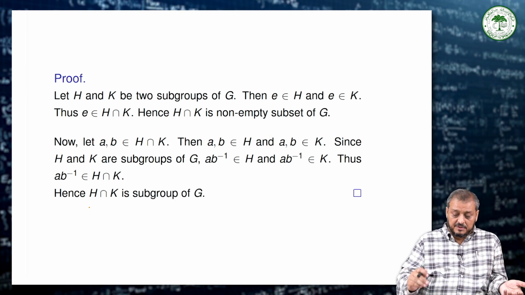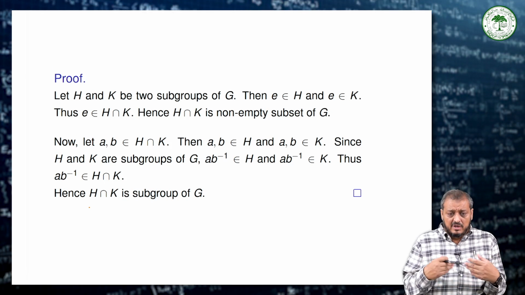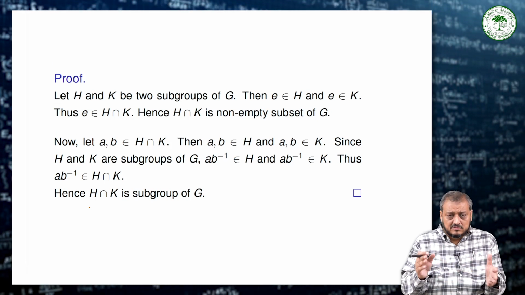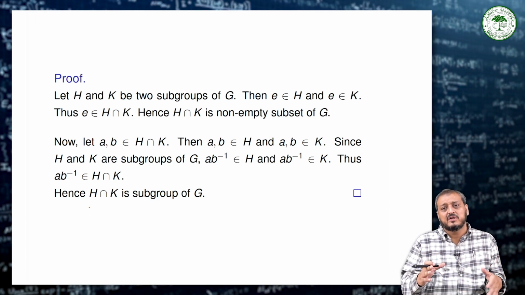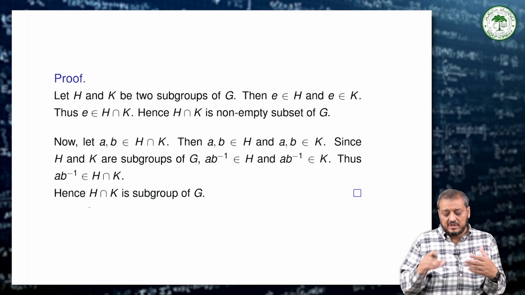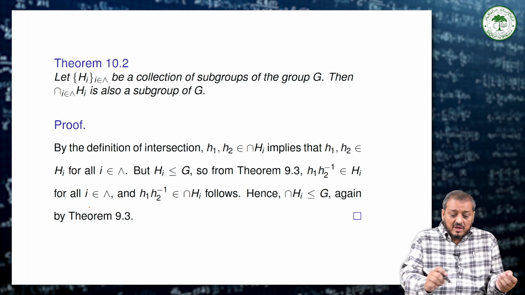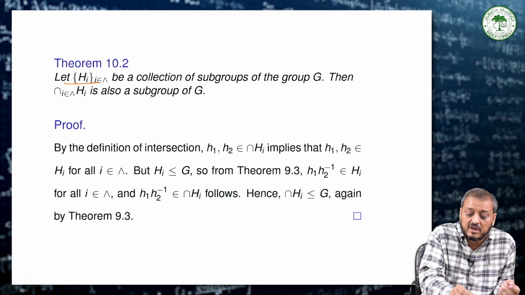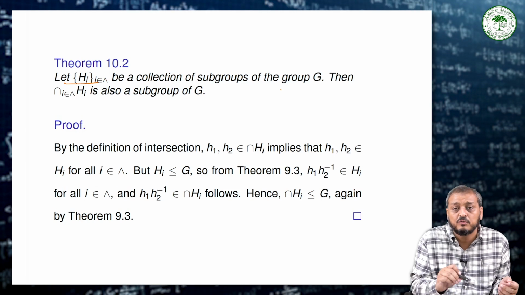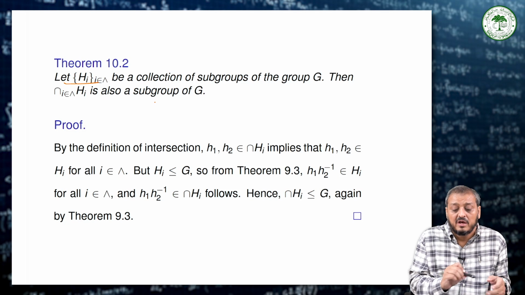We can extend this result to any finite number of subgroups of G: the intersection of finitely many subgroups is again a subgroup. Let I be an index set, and let Hi be a collection of subgroups of the group G. Then the intersection of the Hi is also a subgroup.